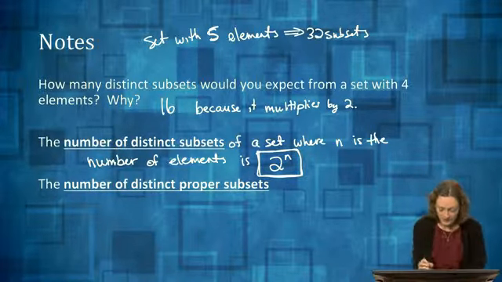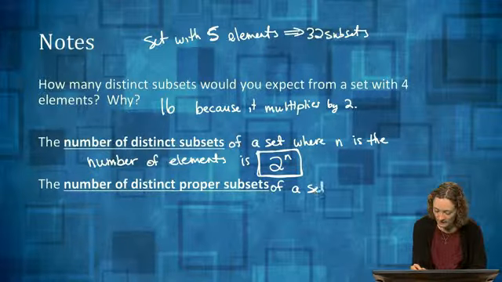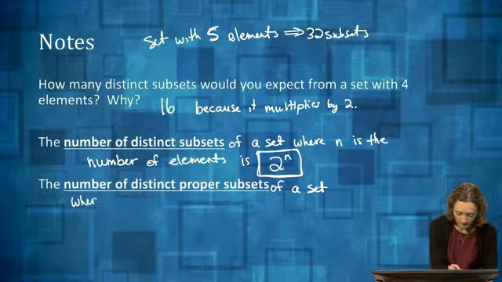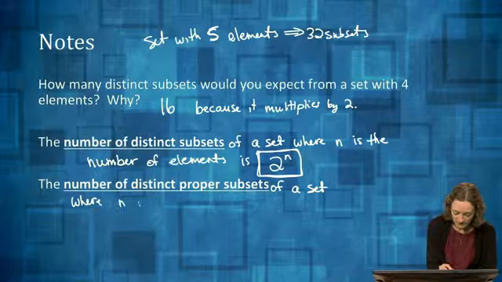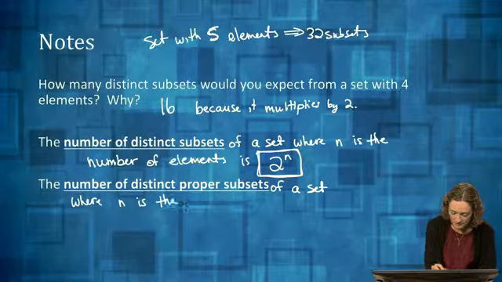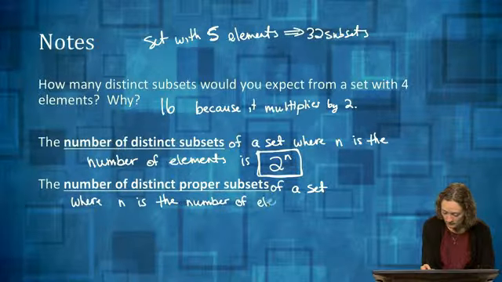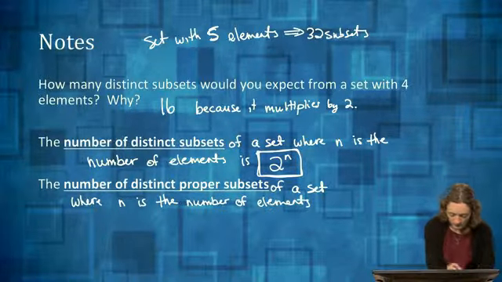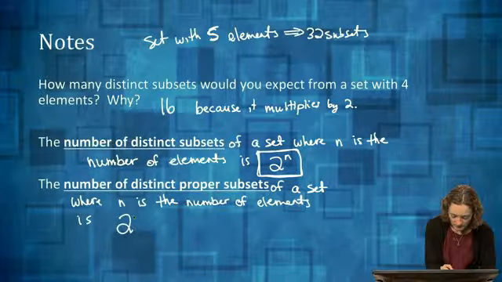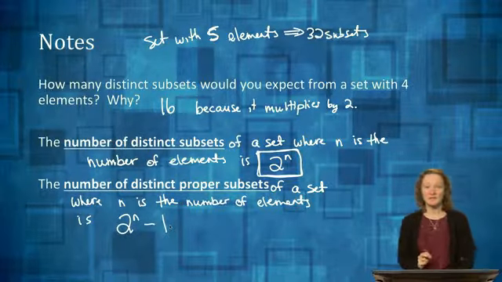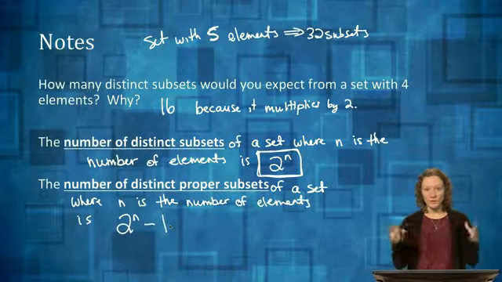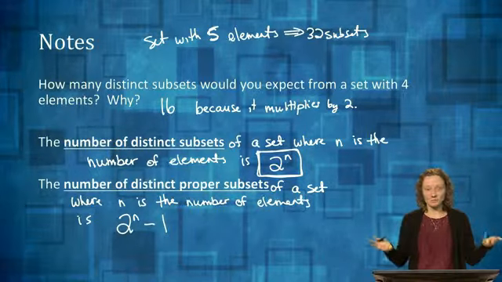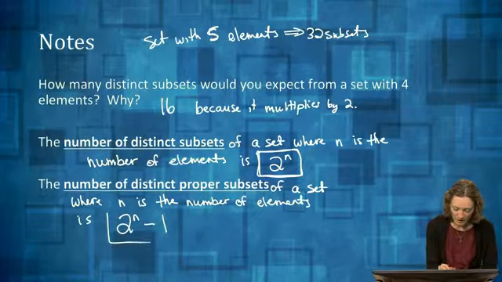So the number of distinct proper subsets of a set where n is the number of elements is 2 to the n minus 1. You just have to subtract out the one subset that contains all of them that doesn't get considered a proper subset.